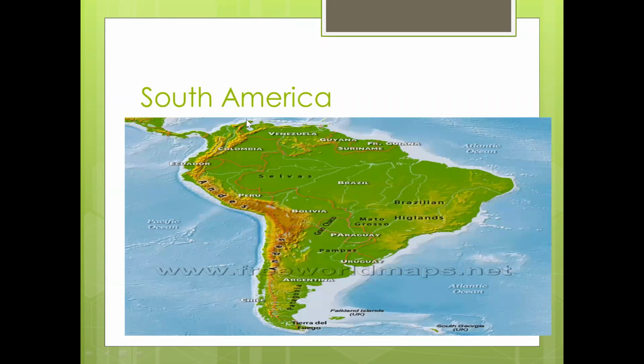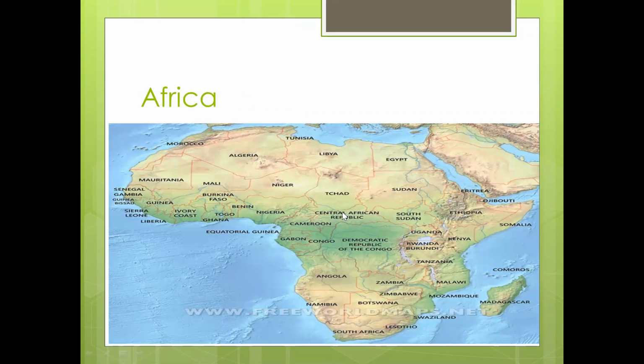Now you can see the map of South America. This green part shows the land of South America, and it is surrounded by water also. Like you can see the Atlantic Ocean here and the Pacific Ocean here also in South America. See the map of the Africa continent. This is the continent Africa's map.